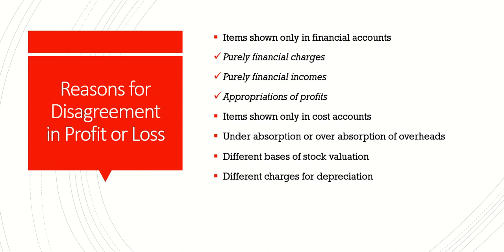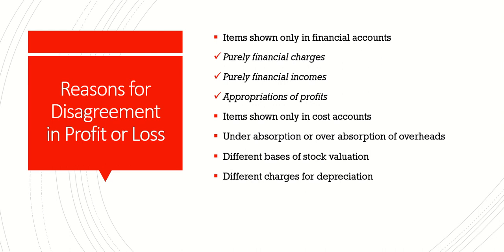This may give rise to a difference between the overheads absorbed in cost accounts and the actual overhead incurred. Such difference may be written off in your costing profit and loss account. If it is not written off there, it shows a difference between the actual amount shown in your financial accounts and the amount recovered in your cost accounts. Hence, these need to be reconciled whenever there is under or over absorption of overheads.